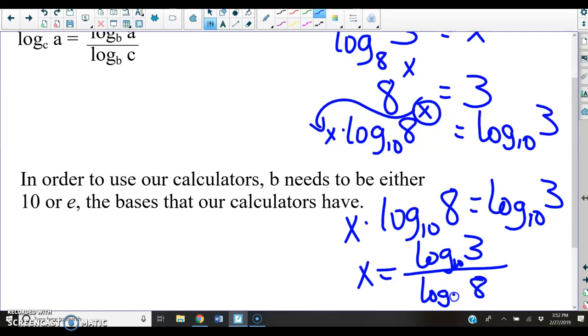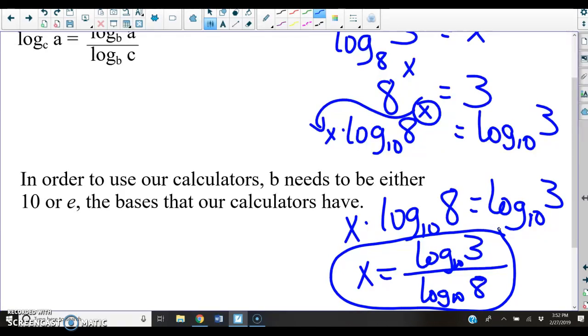Now, when I say pre-calculator or prehistoric times, we had to use log tables. We did not have logarithm at all in our calculator. We didn't have calculators. We had to use our toes. But that's why we had to do this, so that we could actually figure out what the exponent was.